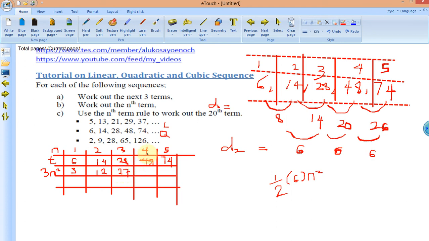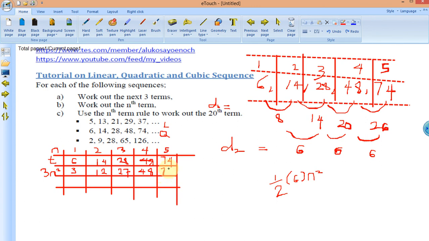When n is 4, that is 16, times 3, that is 48. Is that interesting? 48. When n is 5, 5 squared will be 25, and 25 times 3 is 75.